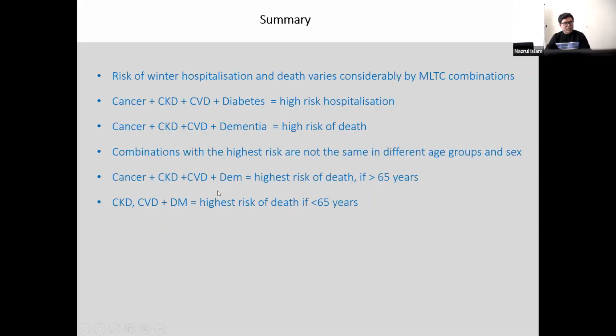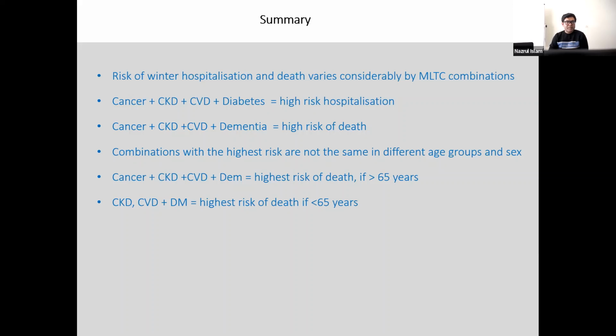So to summarize, there is quite a lot to do here. We did some mediation analysis. We have seen about 4 to 8% of the excess risk was mediated through vaccination against either COVID-19 or influenza. But for the sake of time, we did not include a lot of details from that analysis.